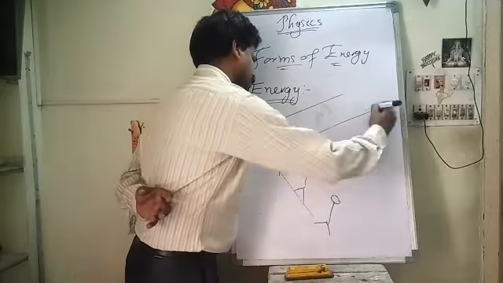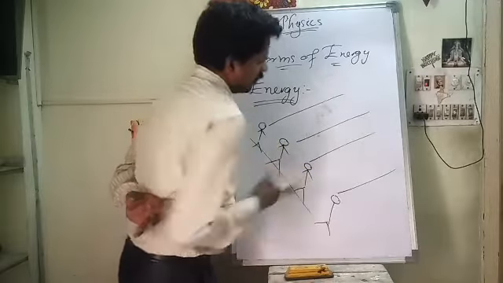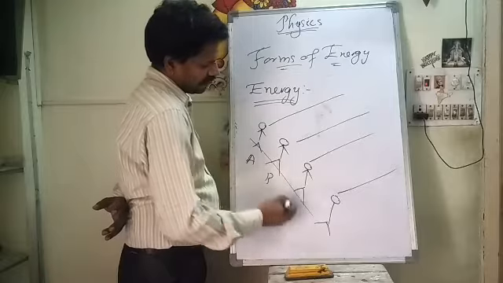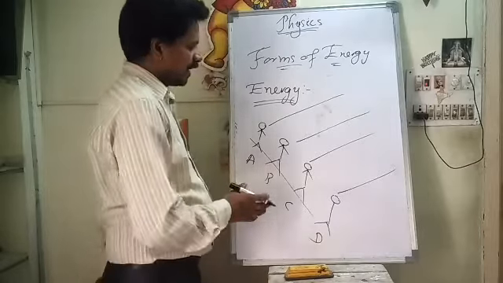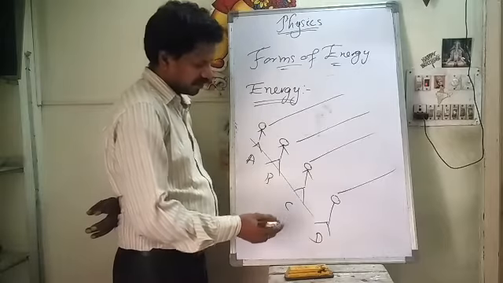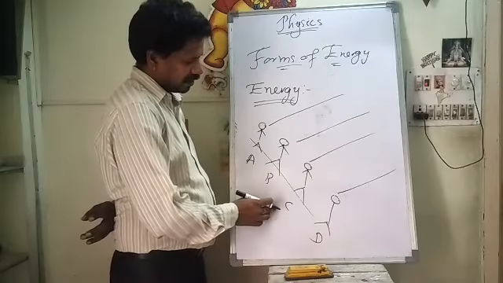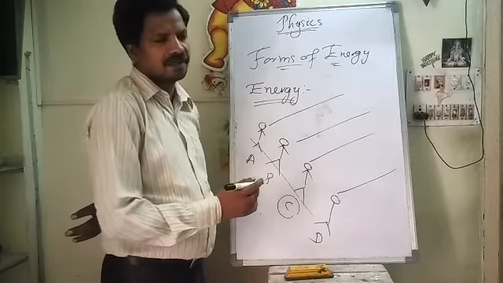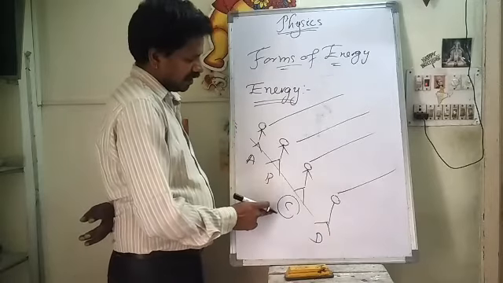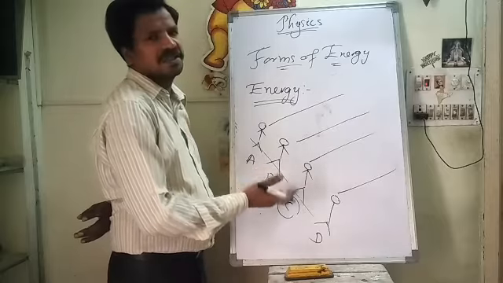Suppose A, B, C and D persons are there in a running race. C can run the most distance.